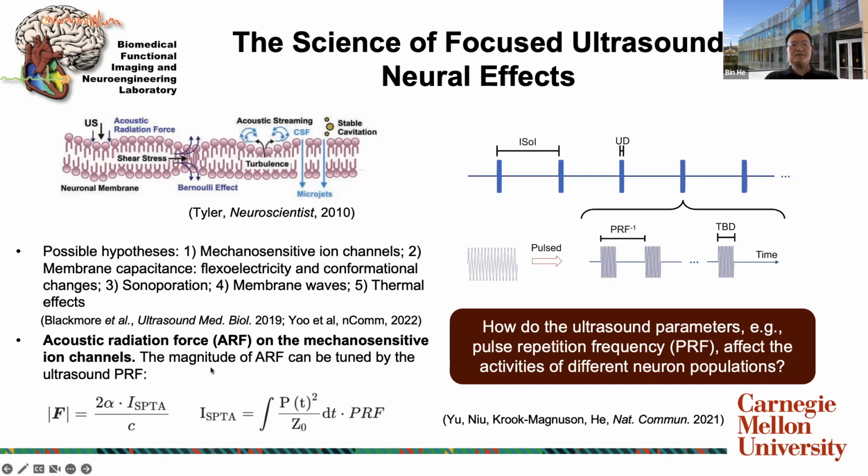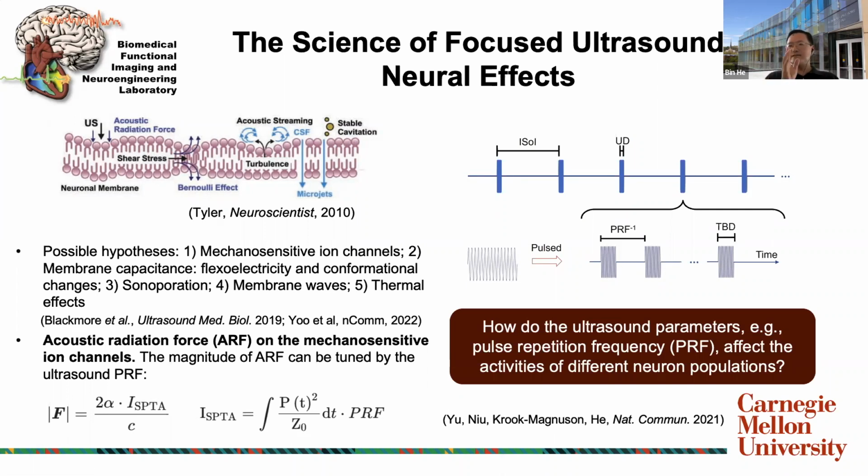This could be illustrated from here, the acoustic radiation force. From the physics, this could be represented by something proportional to an important parameter of the ultrasound, the so-called pulse repetition frequency. The pulse repetition frequency, which is illustrated here, is proportional to the acoustic radiation force.